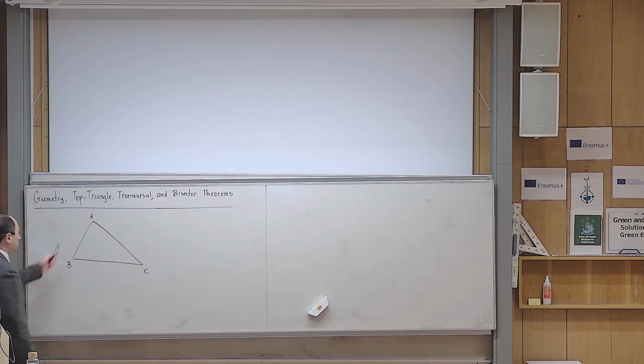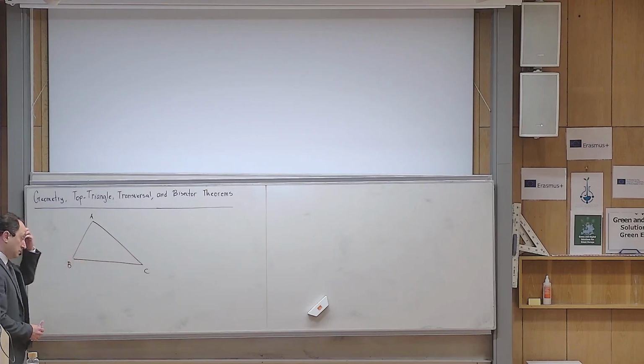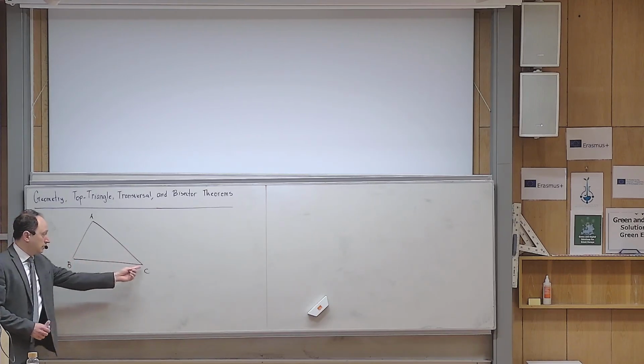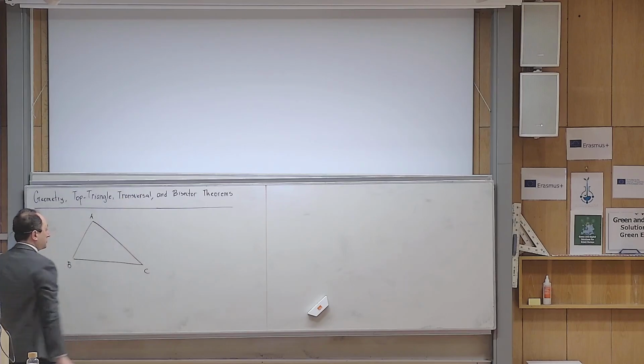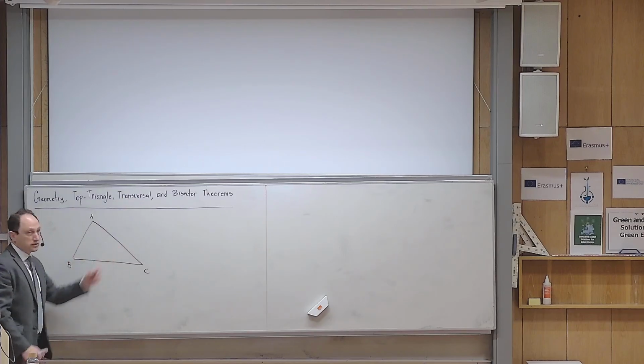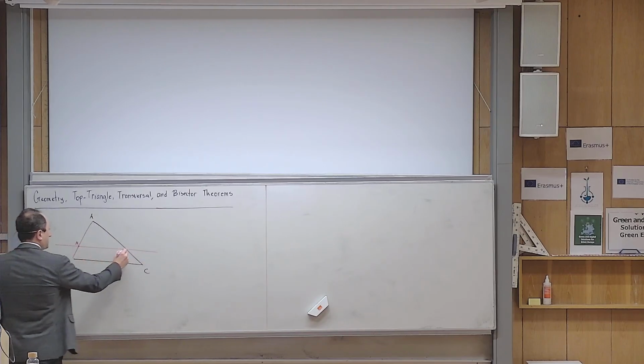So let us consider I draw a line parallel to this side so that it intersects these two sides, not from here. Let me just draw this, and let us say this point is M, this point is N.